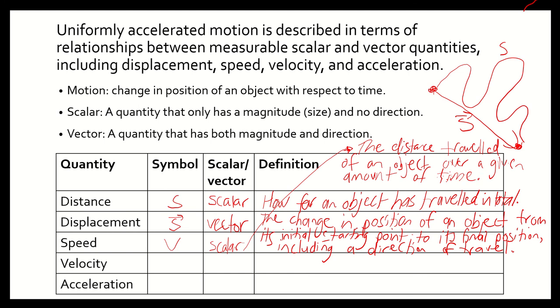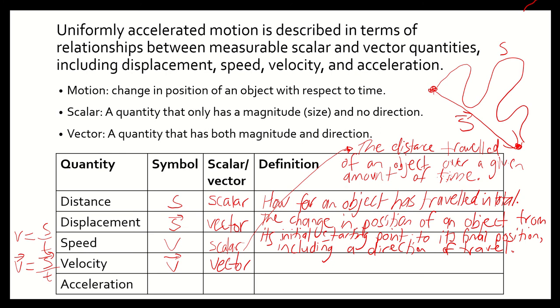So distance traveled of an object over a given amount of time. So speed, remember, is just distance over time. And we have units of meters per second or kilometers per hour. Now velocity, similar, but the symbol for velocity is v with a little arrow above it. And it is a vector quantity because velocity has a direction. So the only difference is, speed was distance over time, whereas velocity is displacement over time.